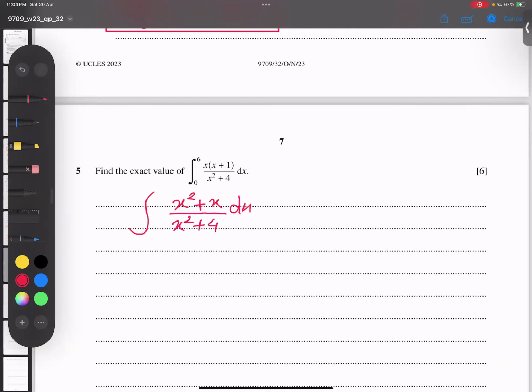And for your knowledge, if the numerator power is bigger than or equal to the denominator power, the highest power, the degree of the upper and lower, if they are equal or bigger, it has a special name.